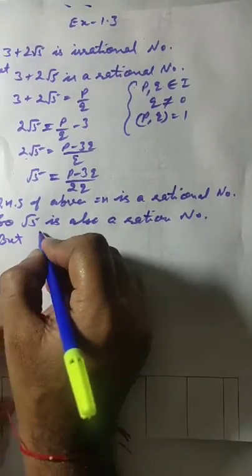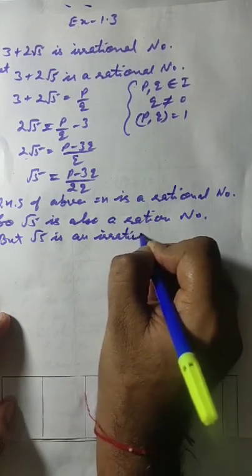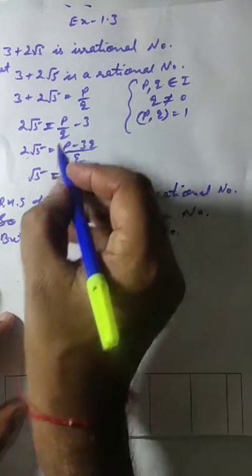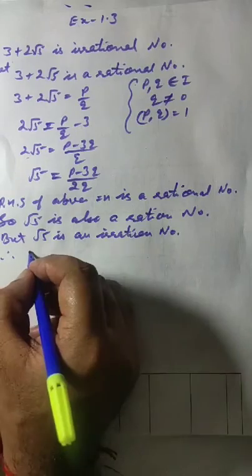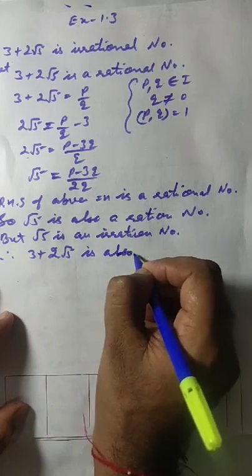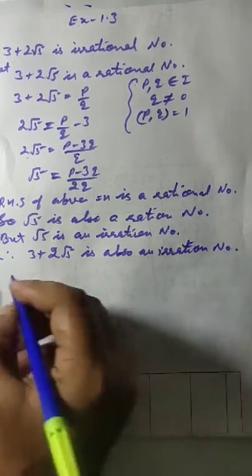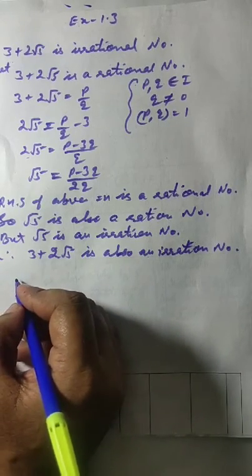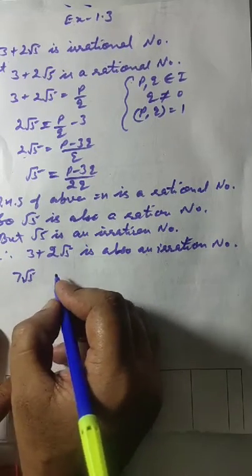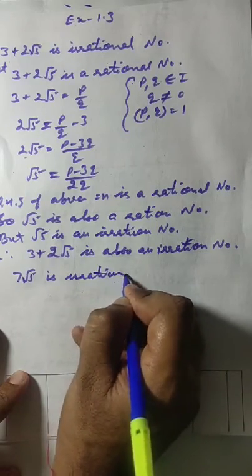So by reversing the steps, we get, therefore 3 plus 2 root 5 is also an irrational number. Let us solve another example, to prove that 7 root 5 is irrational.